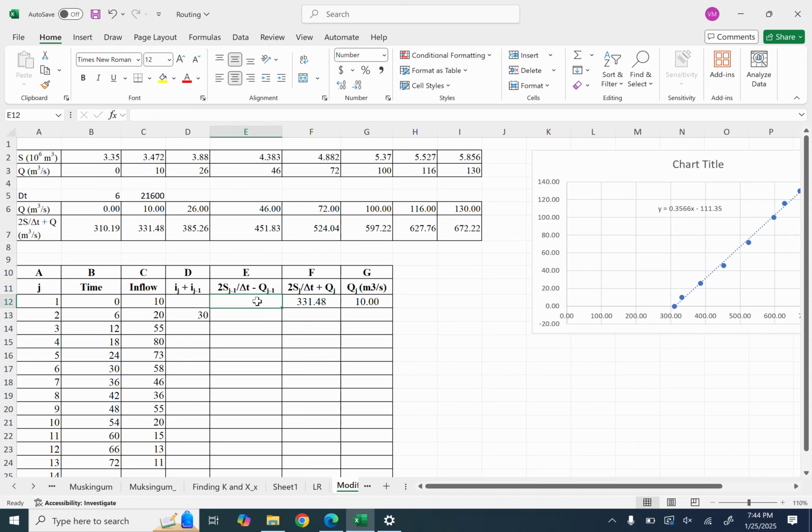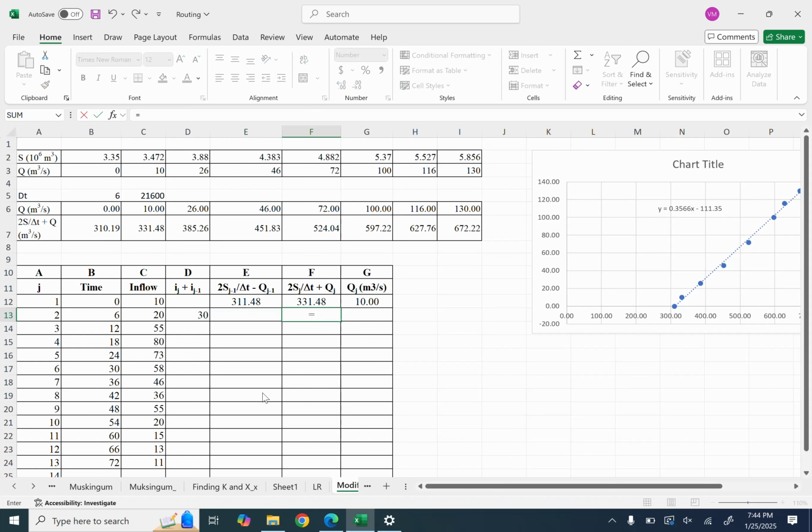Column F minus 2G, so this minus 2 times this. Then we add 30 plus 311.48 to get this.